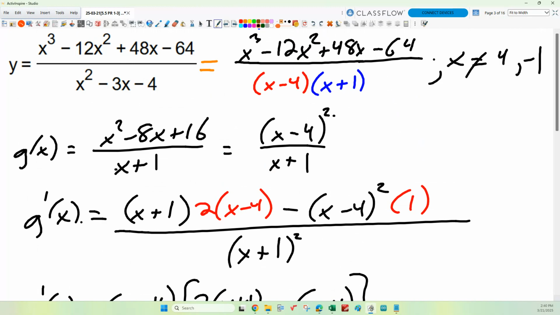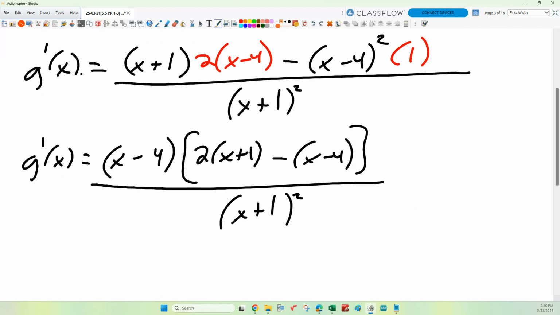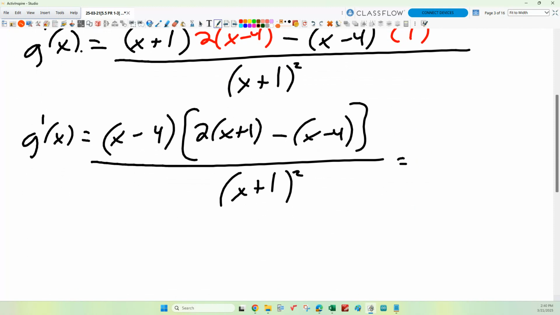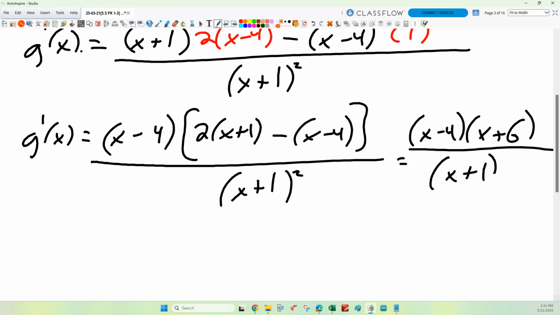Okay. What if there were no like factors? Then we're stuck, unfortunately, with that, right? So let's distribute the 2 and distribute the negative 1 and combine like terms. 2x minus x is x. 2 minus negative 4 is plus 6. So there's our first derivative. So where are my first derivative critical numbers?